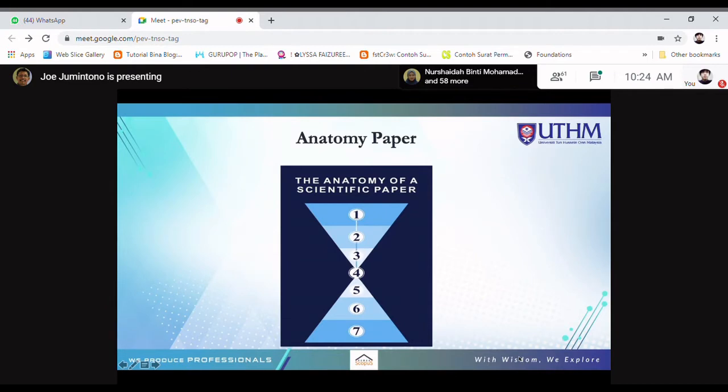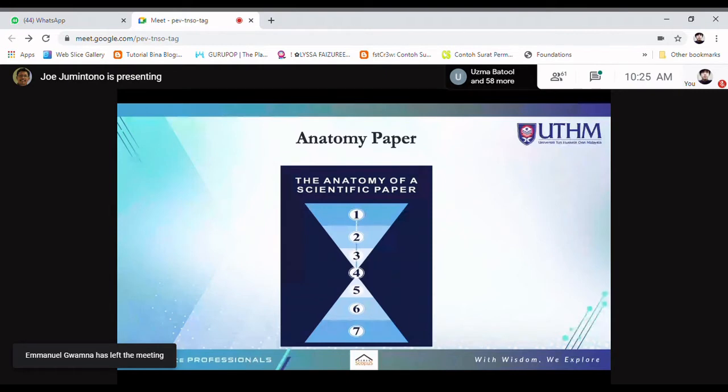The body of the paper consists of seven numbers, and the center is number 4. Number 4 is the methodology of research, and numbers 1, 2, and 3 are the introduction.